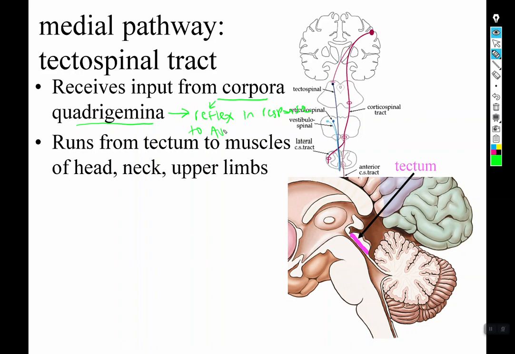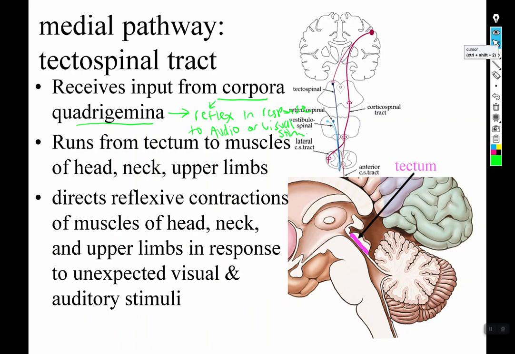And so the tectospinal pathway is going to receive input from the corpora quadrigemina about sudden sounds or sudden visual changes, and then run from the tectum to the muscles of the head, neck, and upper limbs, which allows you to reflexively orient towards unexpected visual and auditory stimuli.